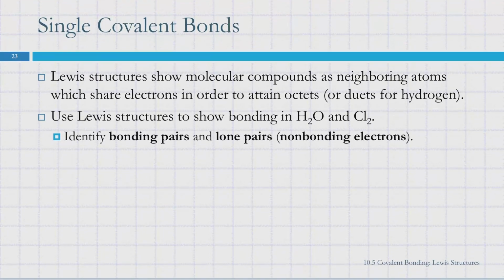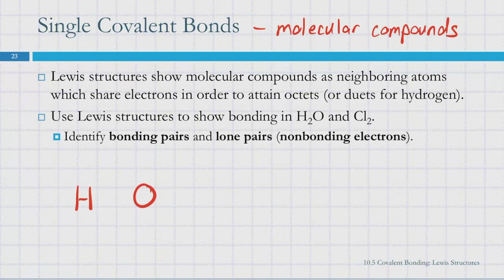In pretty much everything else, we get covalent bonds. These are for molecular compounds, where we just have nonmetals. In our Lewis structure, we share electrons for molecular compounds. So we can show bonding for H2O and Cl2.